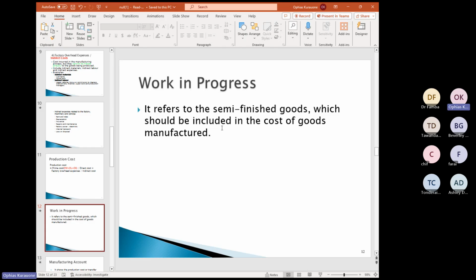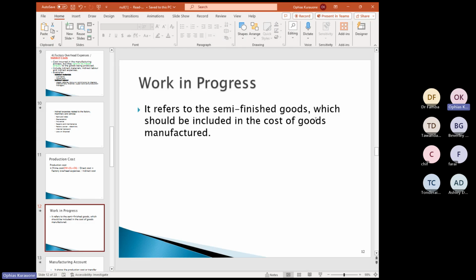Because at the year end, maybe 31 December 2023, you might have some work remaining, some unfinished work. So that is work in progress. We should not stop the production, but we continue with the production. That is very important. Same finished goods which should be included in the cost of goods manufactured.